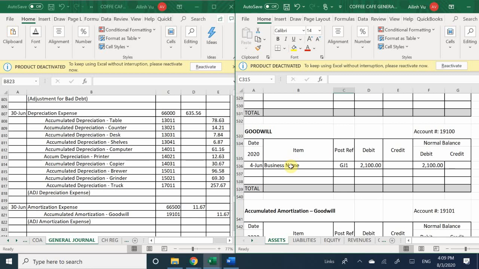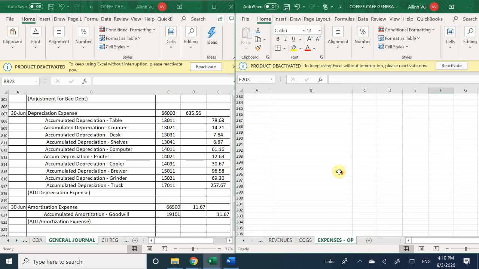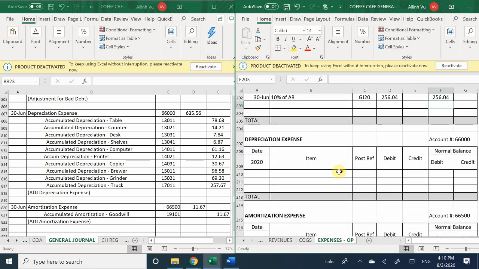No, 635.56, David. 635.56. Post reference is General Journal 20. 635.56.